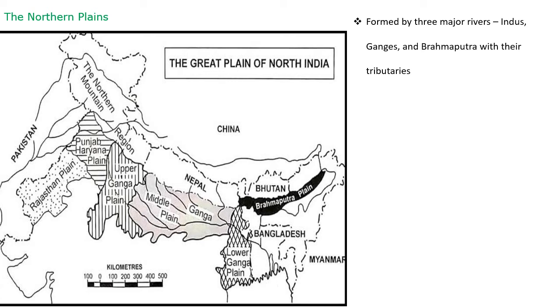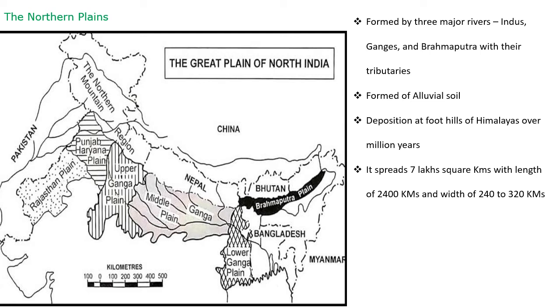Because of this flowing of rivers, they deposited alluvial soil at the foothills of the Himalayas for millions of years. And it spreads over 7 lakh square kilometers with a length of 2,400 kilometers and a width of 240 to 320 kilometers.